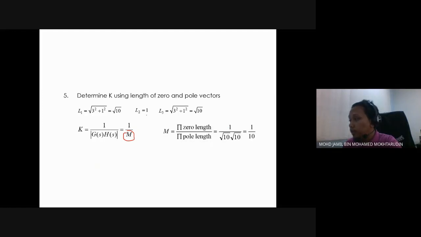So you get 1 divided by square root 10 times square root 10. So you get 1 over 10. So you substitute, and you get k equals 10. Okay.